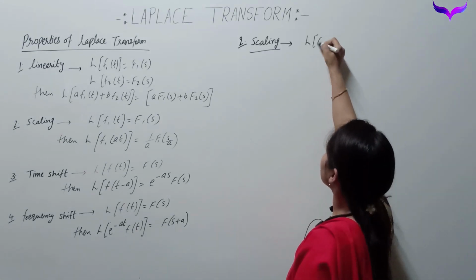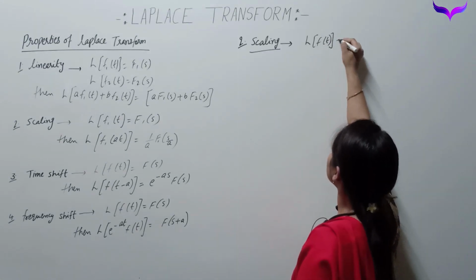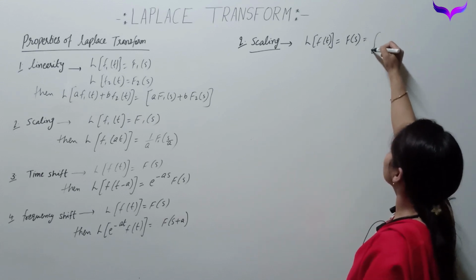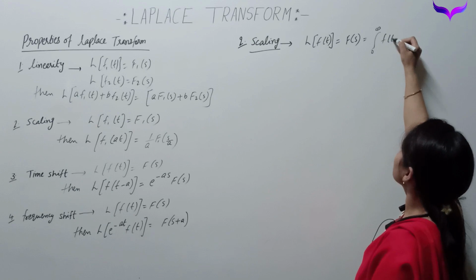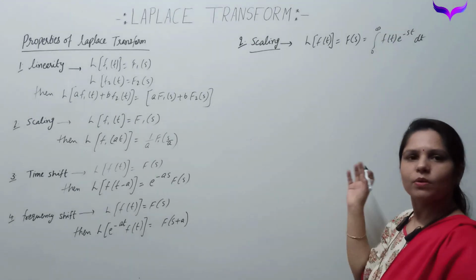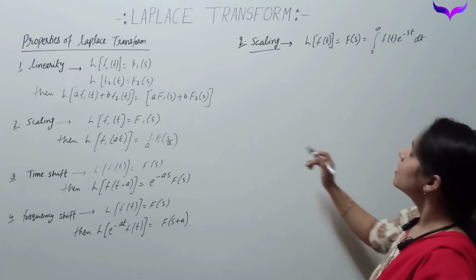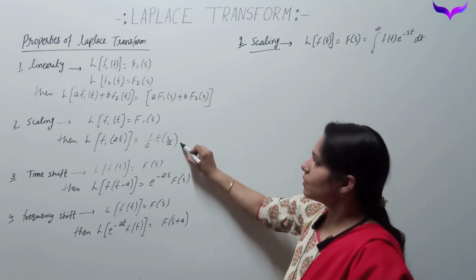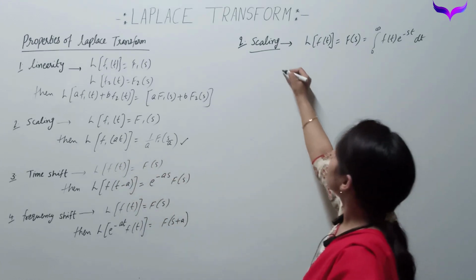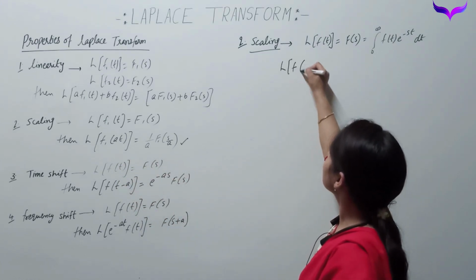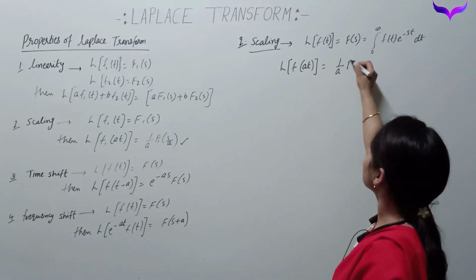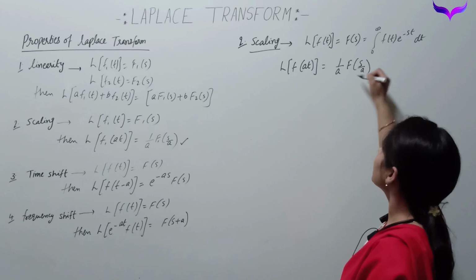Laplace transform of f(t) is equal to F(s), that is equal to integral from 0 to infinity f(t) e raised to power minus st dt, as we know by the definition of Laplace transform. Now, as per scaling theorem, Laplace transform of f(at) is equal to 1 by a F(s upon a).